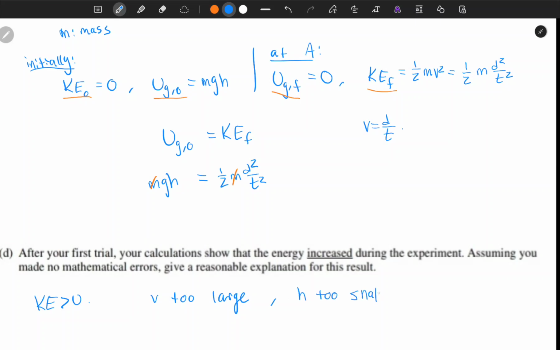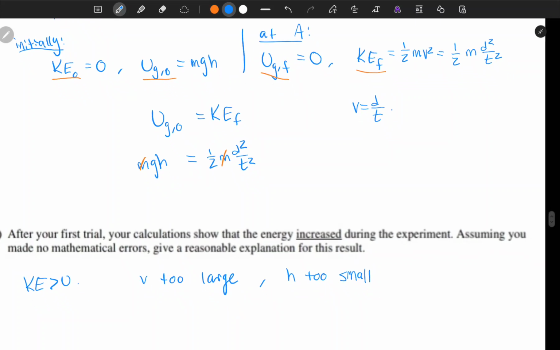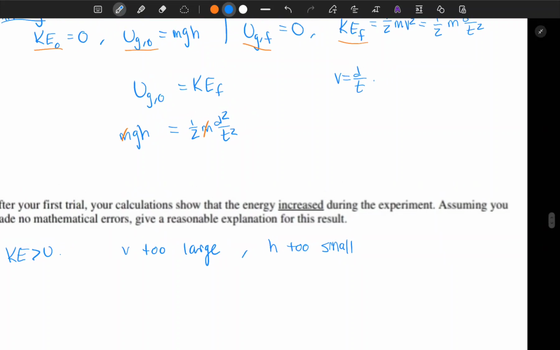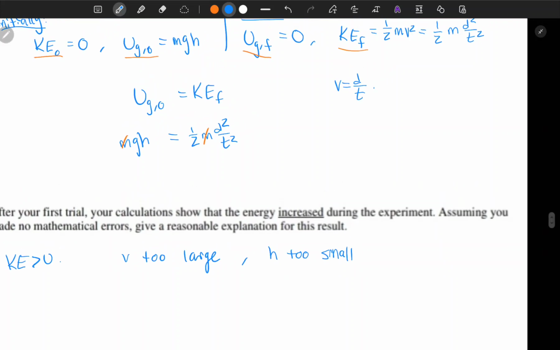This can occur in two ways. Either one, the meter stick wasn't exactly accurate. However, this doesn't make a ton of sense because if it measured that h were too small, it would also measure that d were too small because d was also measured with the meter stick. However, another reason for this to have occurred is that the stopwatch could have been started too late or ended too early.